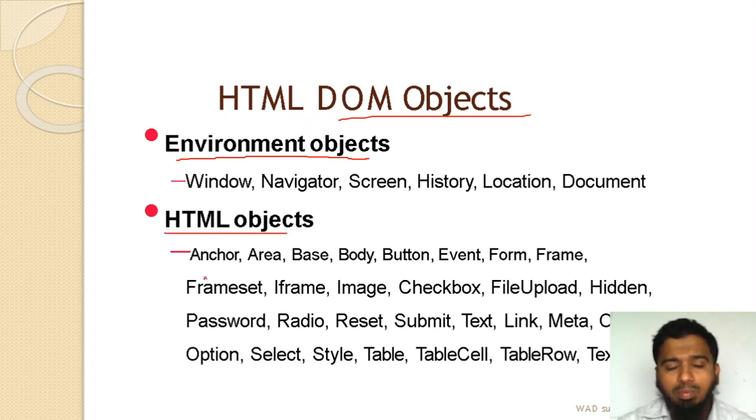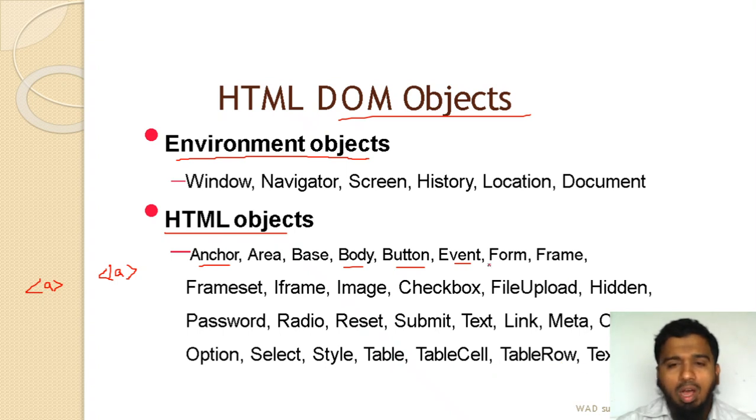And what are HTML objects? Like anchor. I hope you remember, the A tag, A stands for anchor, area, base, body, button, event, form, frame, frameset, iframe, image, checkbox, file upload, hidden, password, radio, reset, submit, text, link, meta, object, option, select, style, table, table cell, table row, table area.